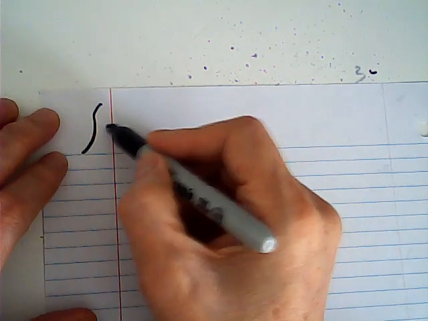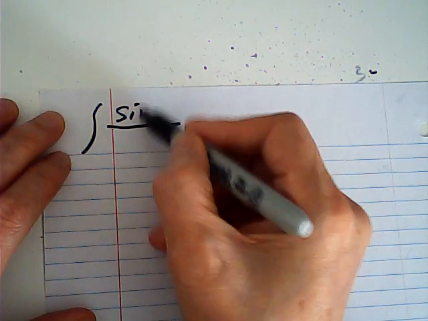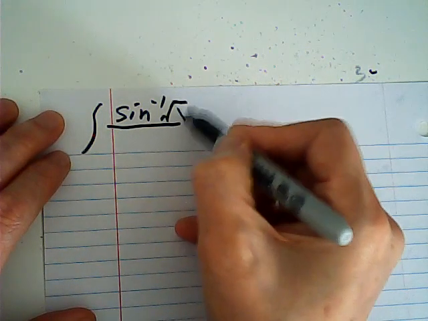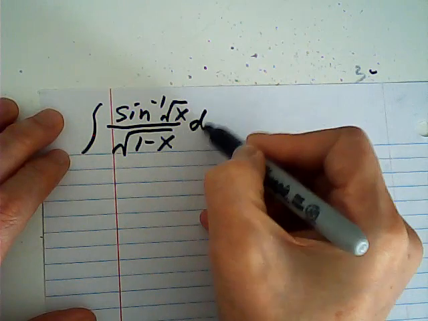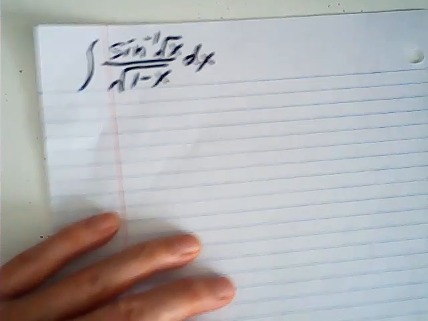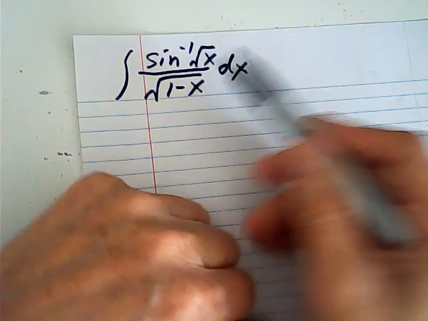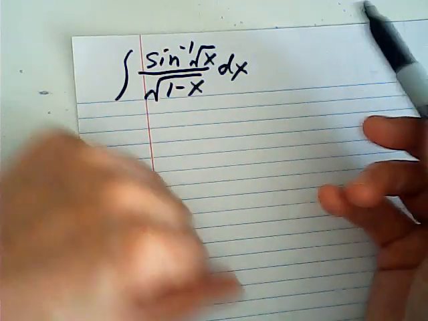Okay, this is method 3. Now method 4. Method 4 is this way. Minus arcsine. Method 1, we use substitution for square root x.